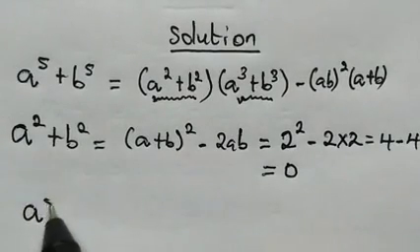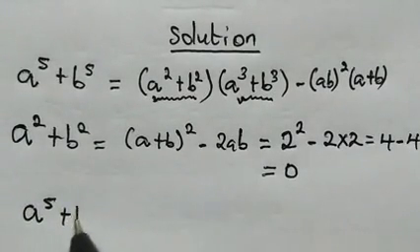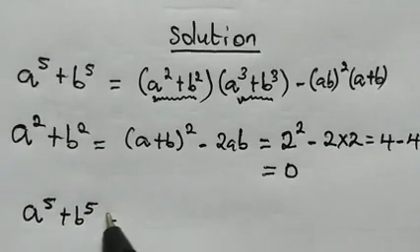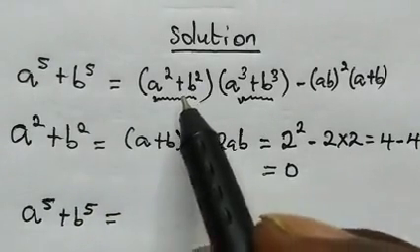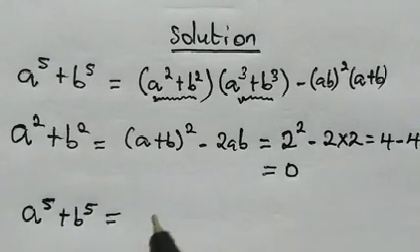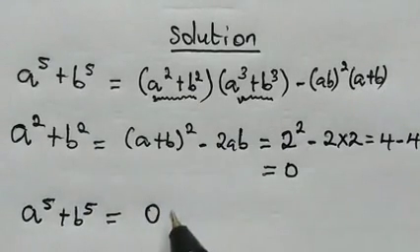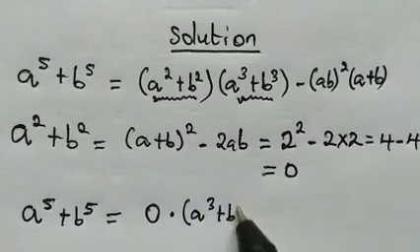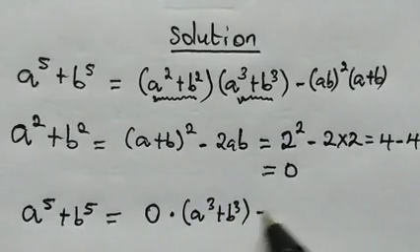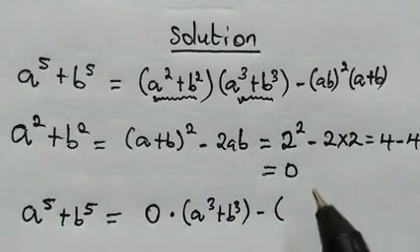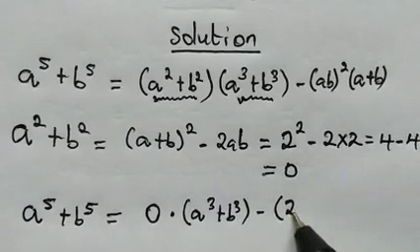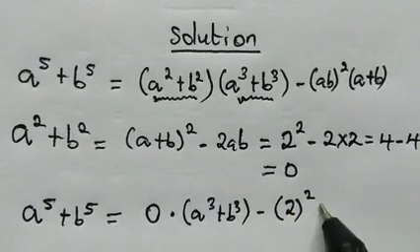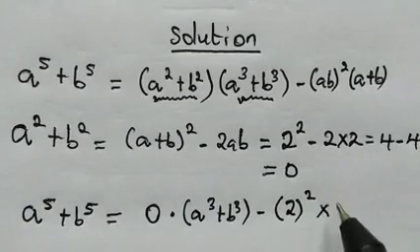We have a to the power of 5 plus b to the power of 5 is equal to 0 times (a cubed plus b cubed), then minus (a times b) squared, which is 2 squared, times (a plus b), which is 2 as well.